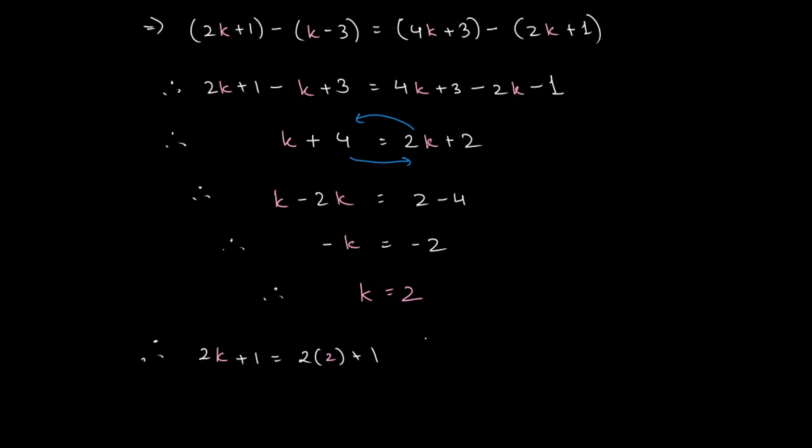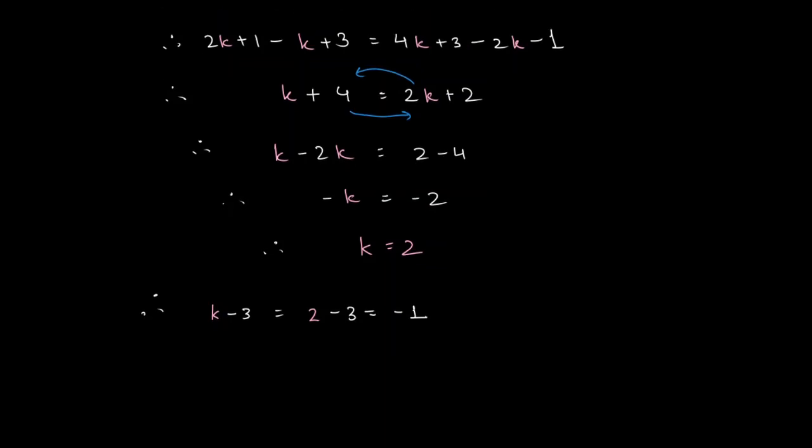Oh, sorry, k minus 3 is the first term. My bad. The first term that we have is k minus 3, which is equal to 2 minus 3, which is equal to negative 1.